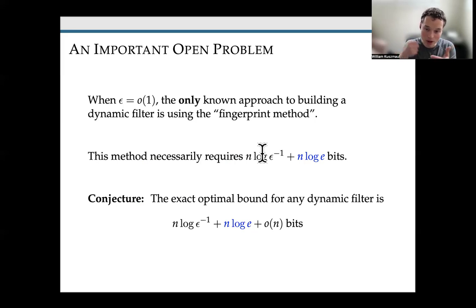And so there's a real blockage, not just at omega n extra bits, but at this very specific n log e extra bits. In the conjecture, the thing that I think should be true, and the thing that would be really cool if someone could prove it, is I suspect the optimal bound should be of the form n log epsilon inverse plus n log e plus little o of n bits. And if you could prove or disprove that conjecture, that'd be very interesting.